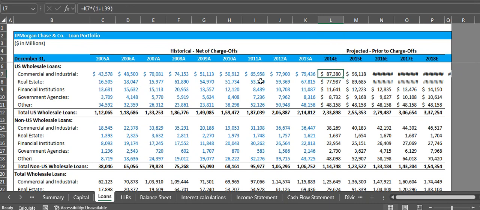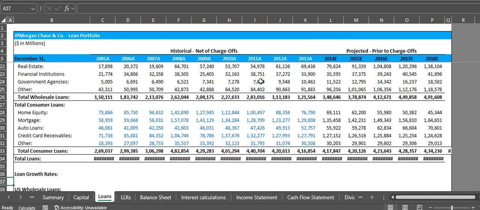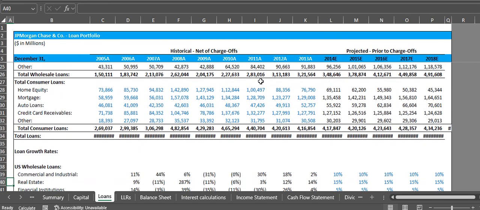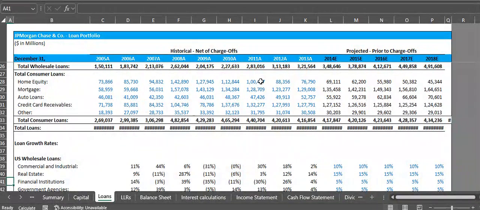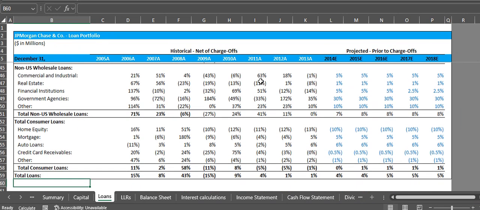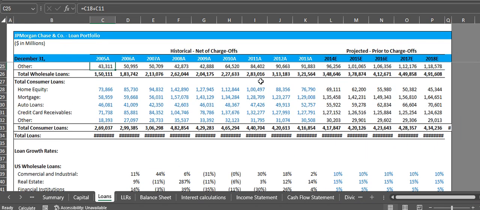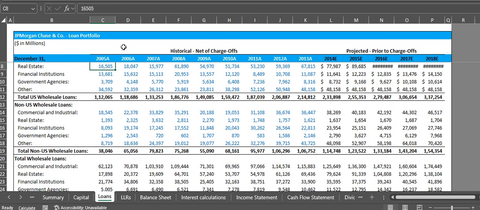Then there are the different consumer loans for home equity and mortgage, total loans and the loan growth rate, US wholesale loan rates, and the US wholesale consumer loans. The total loan number and the number of commercial loans are on the basis of different major criteria.